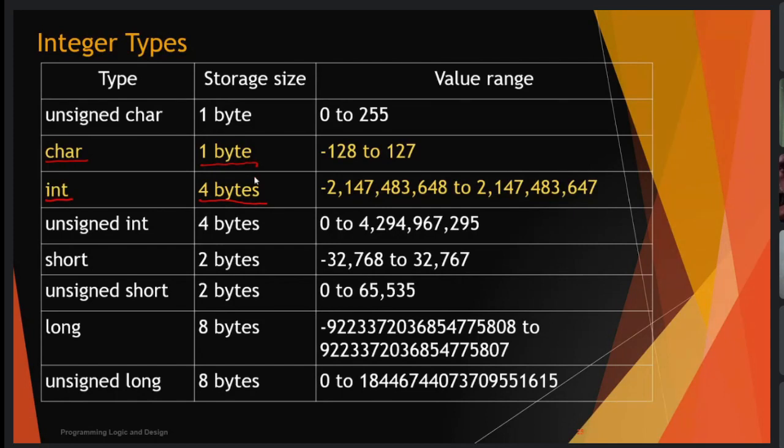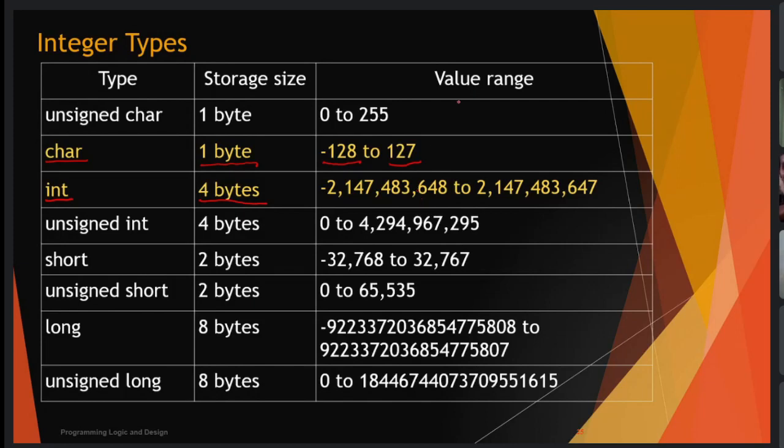Okay? So the question is how the value range was arrived at. Okay? How did we solve this? Why can we say that with 1 byte, you can store from negative 128 to positive 127? Okay? How was this made possible? Okay?